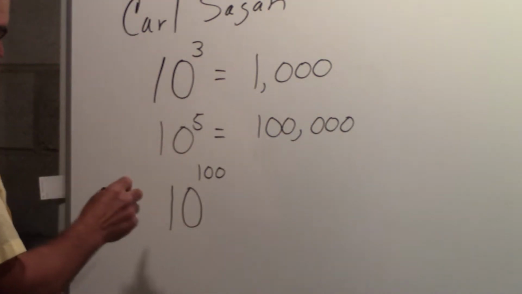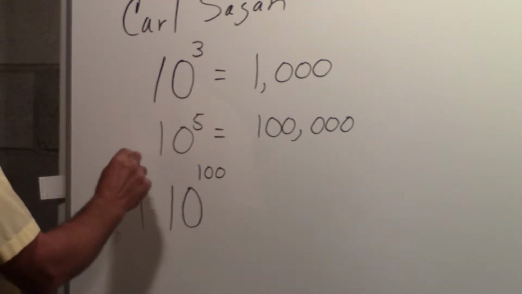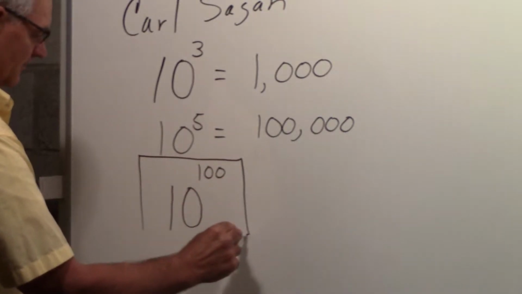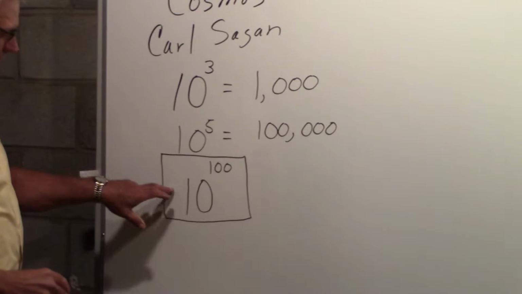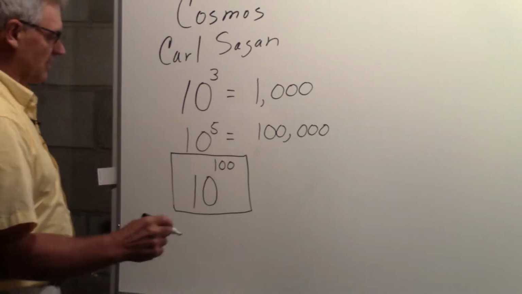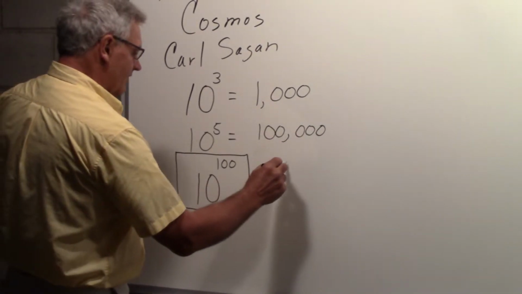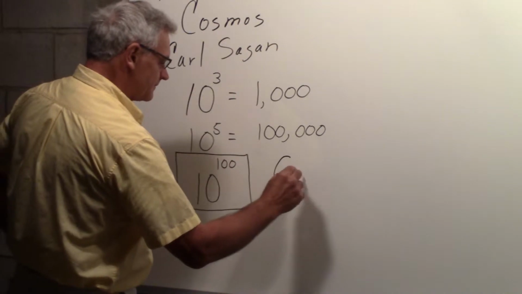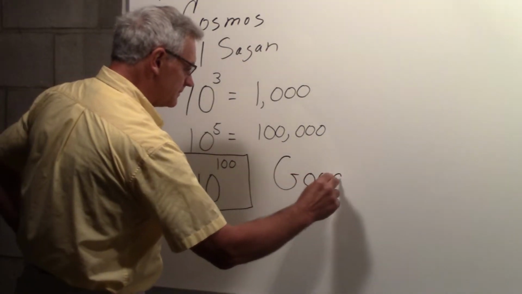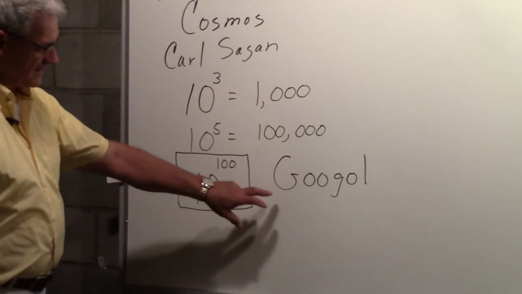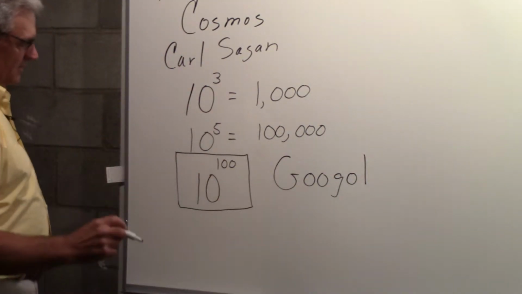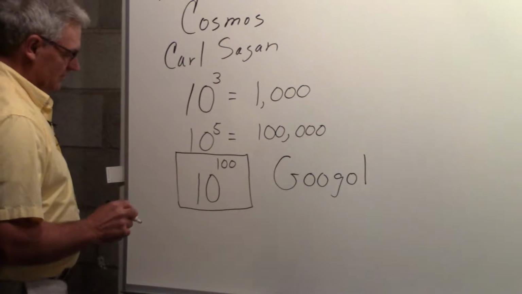That mathematician Kasner asked his 9-year-old nephew to come up with a name for this large number. And that nephew came up with the name Googol. And you notice it's not spelled like the web search engine Google.